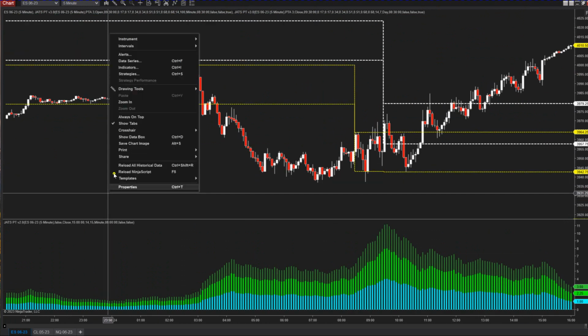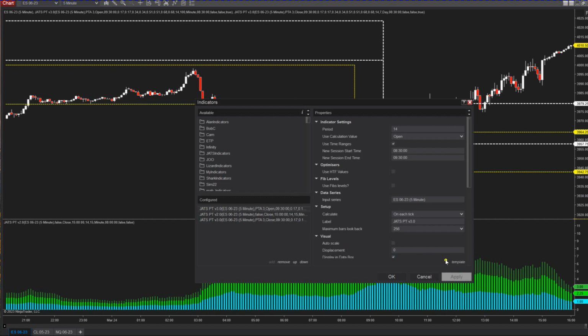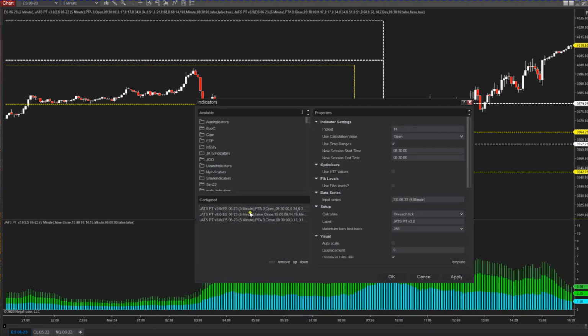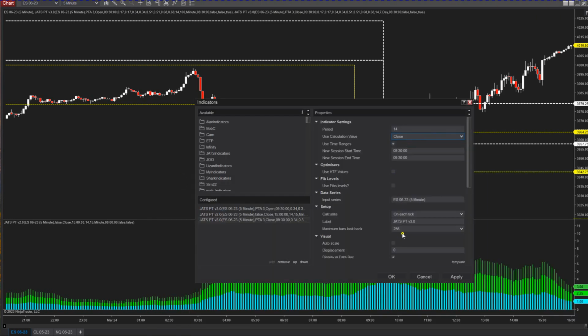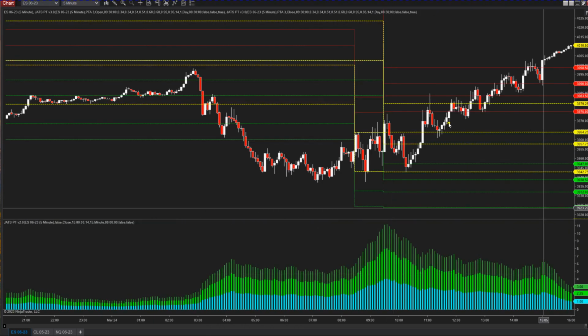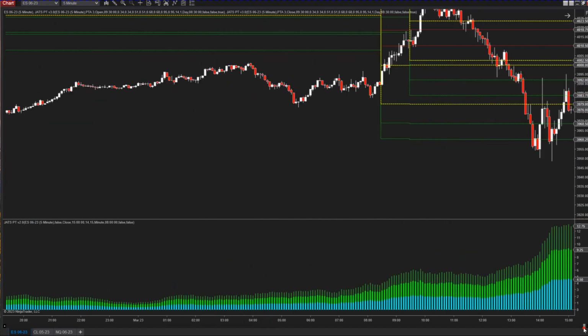I'm going to go ahead and put the indicator back on the chart the correct way and show the twos and threes. And now we get levels that we can trade to for the 1 hour IB.